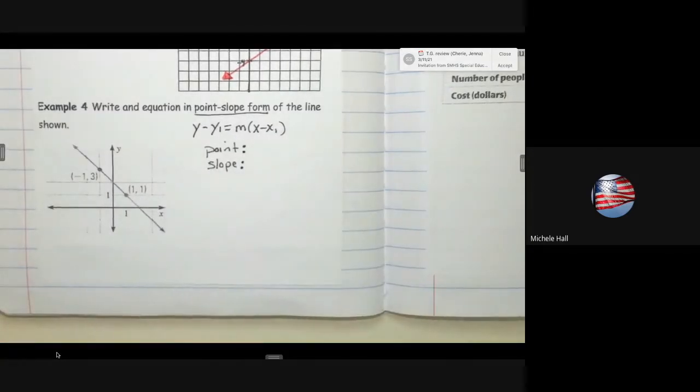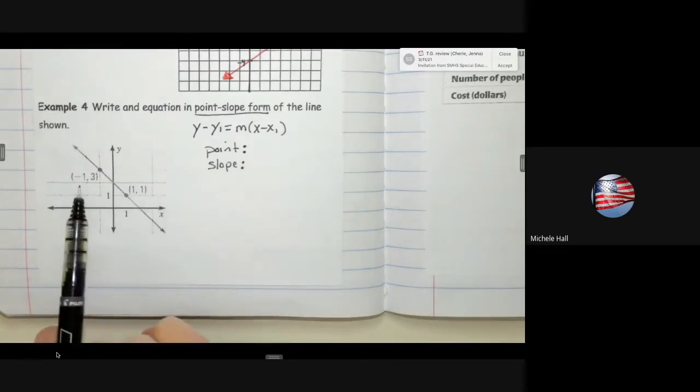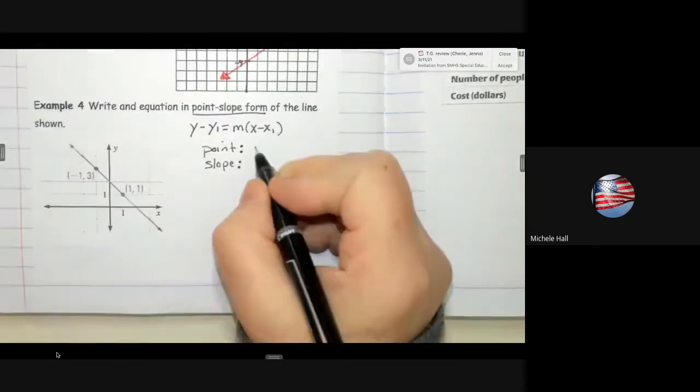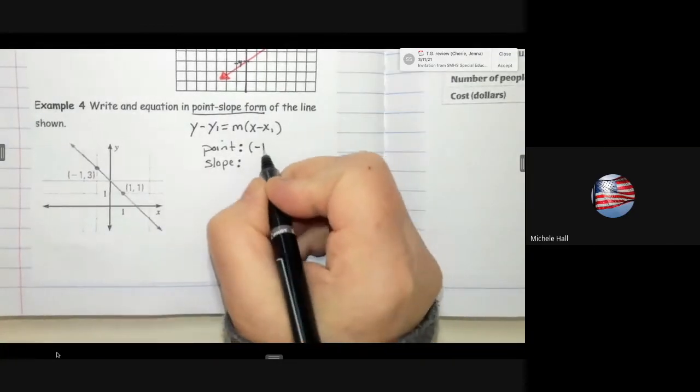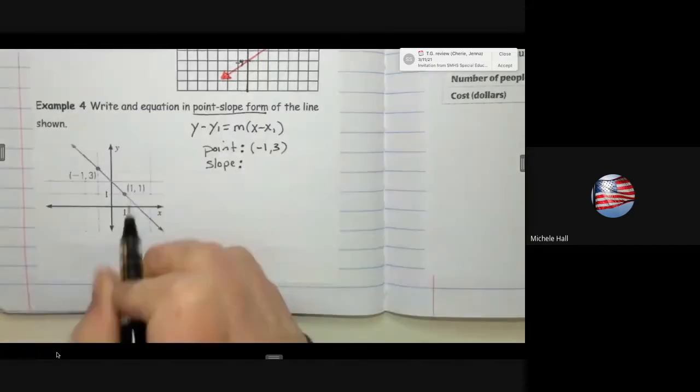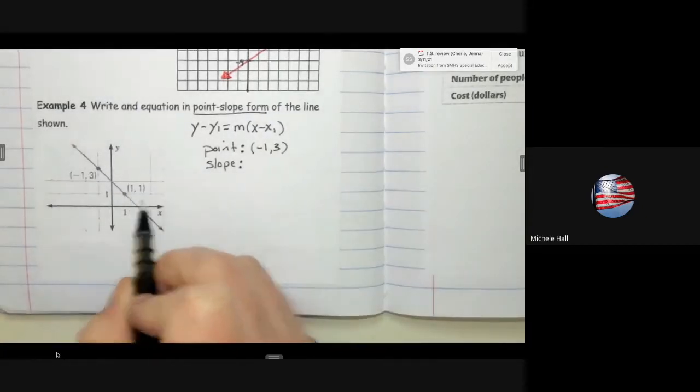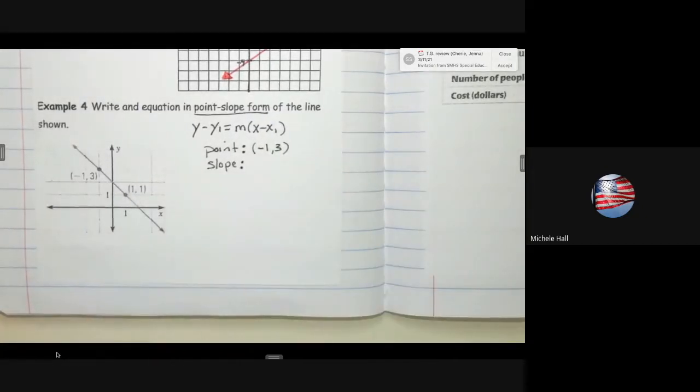All right, we have 2 points on the graph, and again, it doesn't matter which point you choose. You can choose either one, and when you simplify it down, you're going to see you get exactly the same line. I'm going to choose the point negative 1, 3. Normally, I would pick the one that doesn't have any negatives, but I'd like to practice using those negatives.